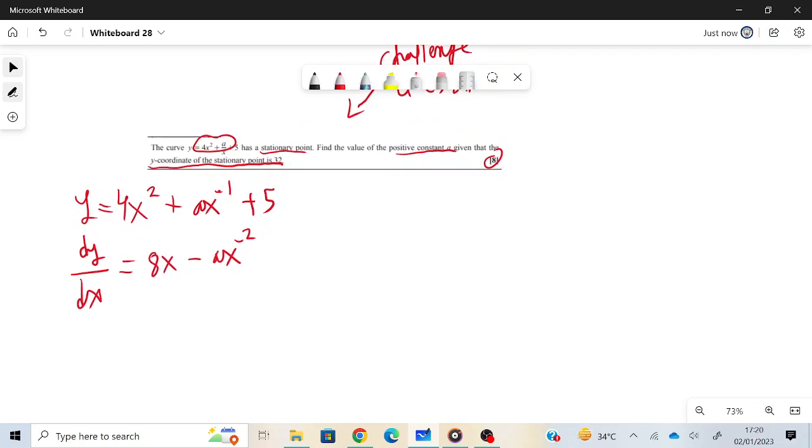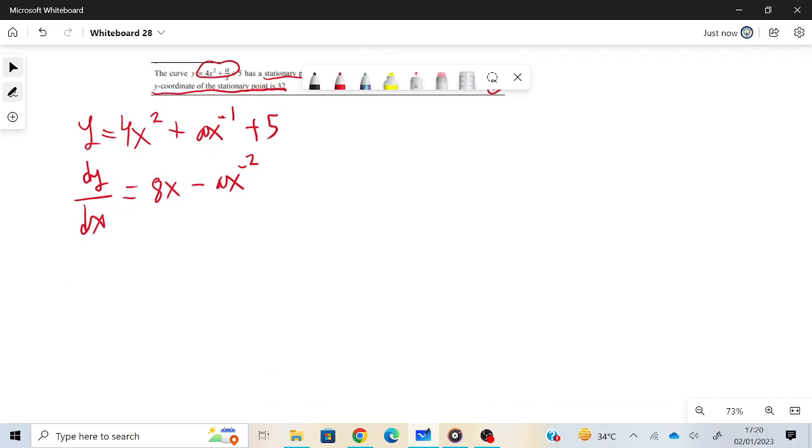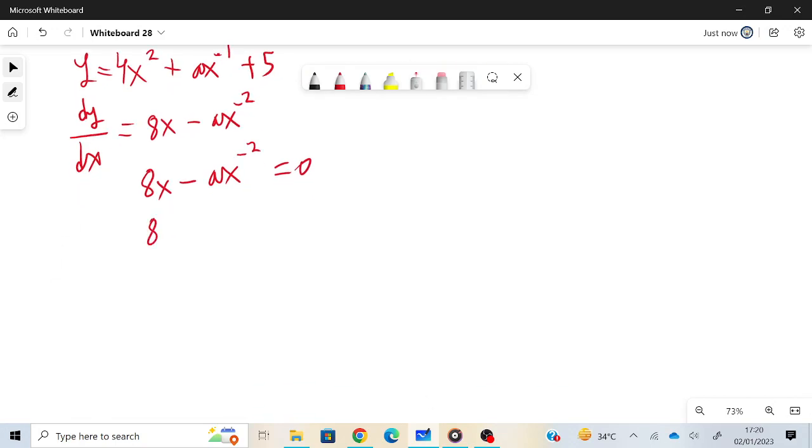And we differentiated because it said that it has a stationary point. That means this is a curve that has a stationary point. And since it has a stationary point, it's safe to say that 8x minus ax to the power of minus 2 is equal to 0. Now we can rewrite this again in the form of a fraction. We can say (8x minus a) all over x squared is equal to 0.